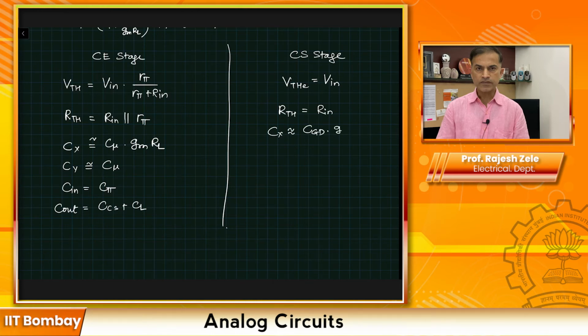This is due to the Miller effect. CY is equal to CGD, a small number. Cin is equal to CGS, and Cout is equal to C drain to bulk plus CL.